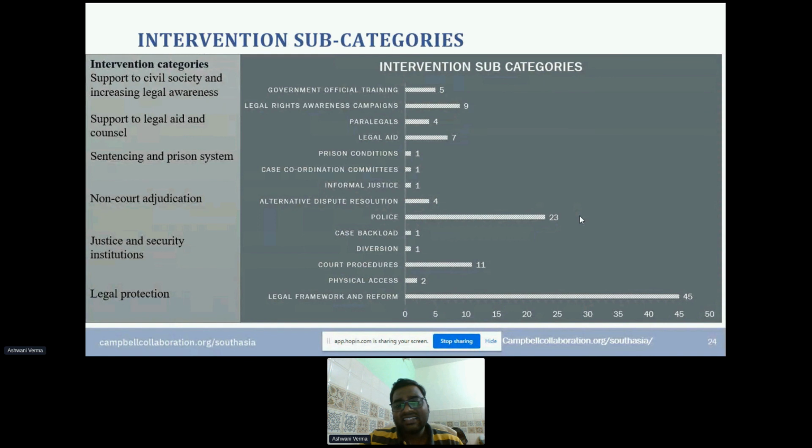Next are the court procedures, which take third place. But there are only single interventions related to prison conditions, case coordination activities, informal justice activity, case backload, or the diversion program. So we can see a large variation even in the subcategories of these interventions.